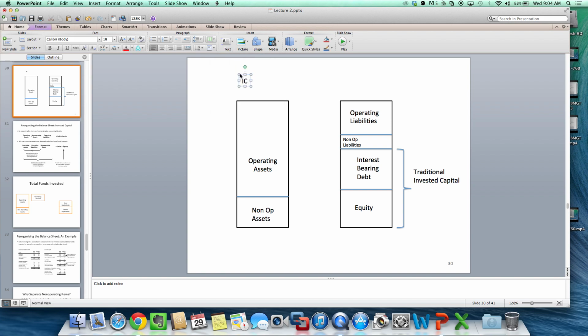IC equals, actually I'll call this operating invested capital. Even though we'll call it invested capital, it's technically the operating invested capital, equal to the operating assets minus the operating liabilities. That's the definition McKinsey uses. That's the definition we're going to use in this class. How are they different?